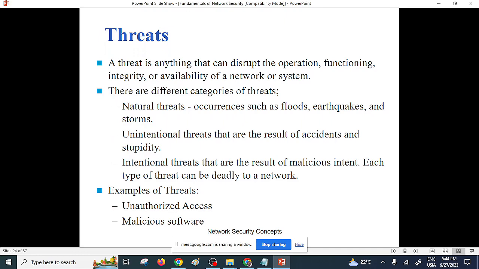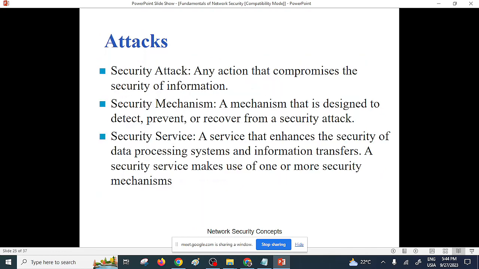You are told some procedures and you don't want to follow them. Then you have intentional, malicious ways of doing things, like the hackers themselves, who can do malicious activities for different reasons.